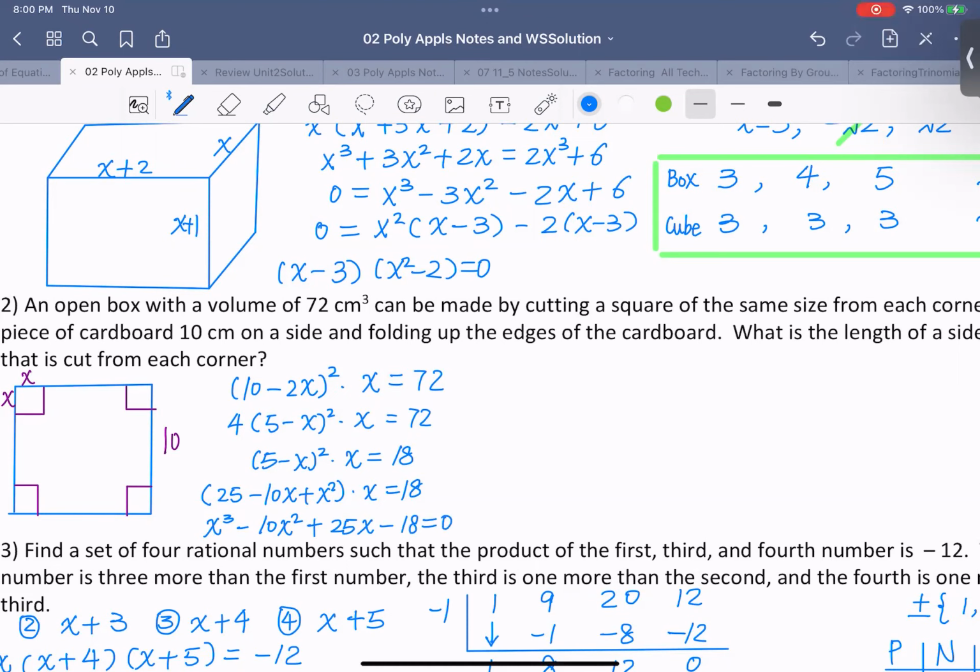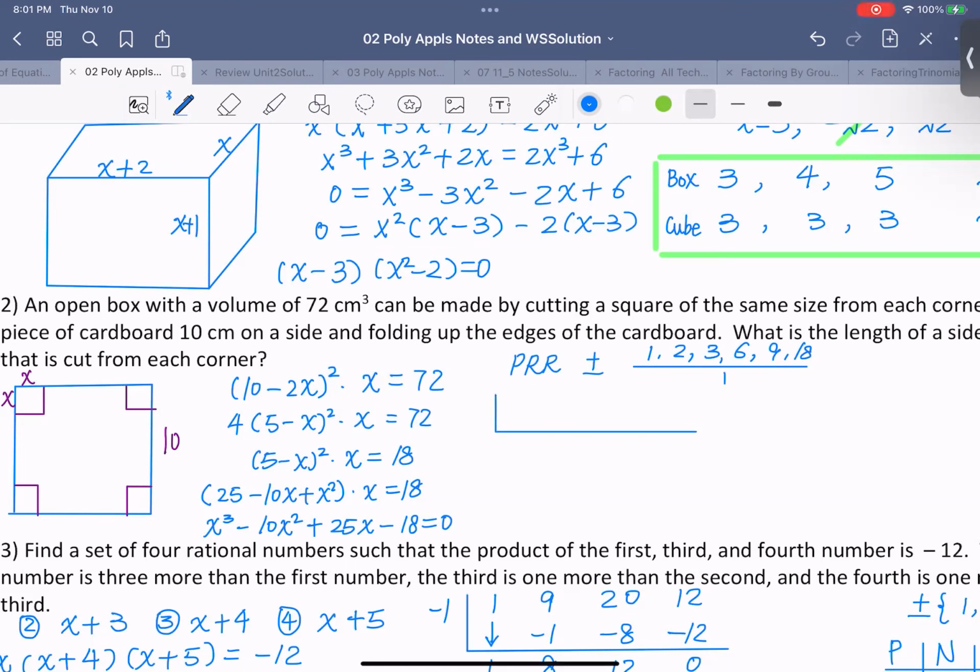Now let's do the synthetic division. Oh, by the way, let's figure out the possible rational roots, please. Plus or minus 1, 2, 3, 6, 9, 18 over 1. Excellent. Now let's do the synthetic division.